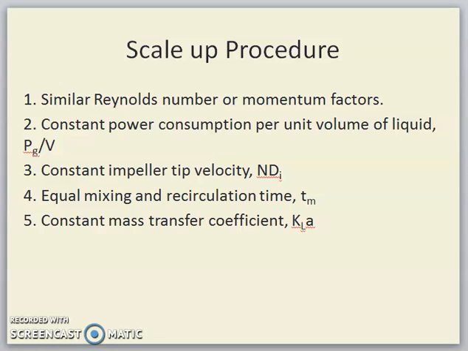Or you can have equal mixing and recirculation time, tm. Or also you can have a constant mass transfer coefficient, the KLa. Based on the KLa, you can scale up the fermenter.